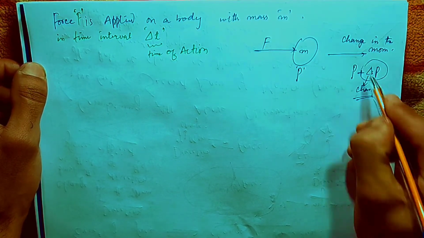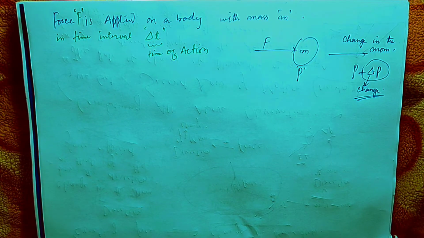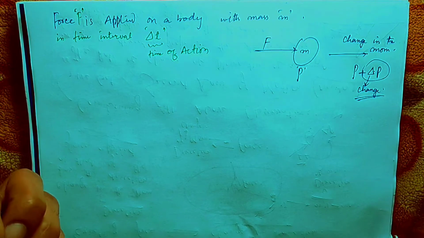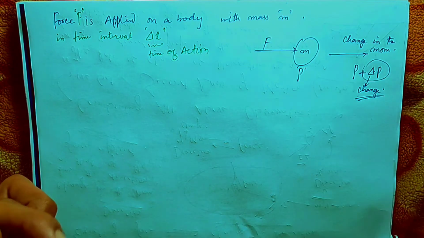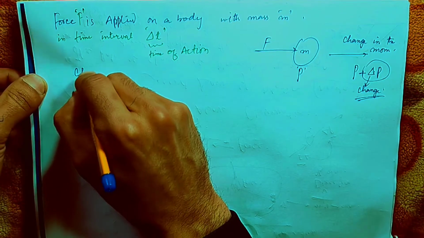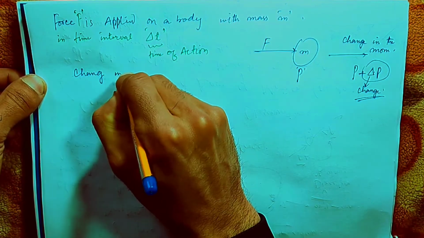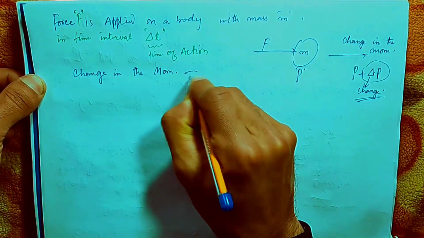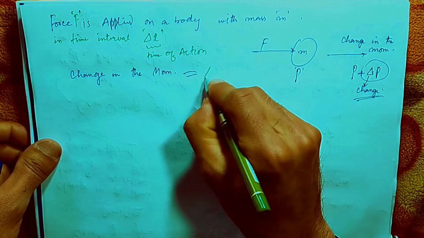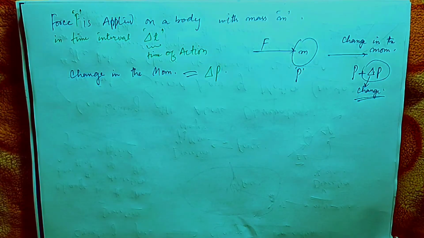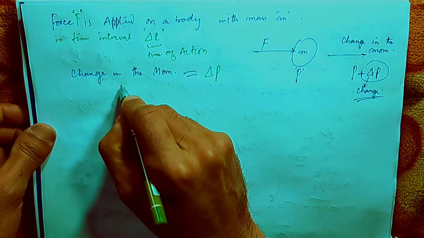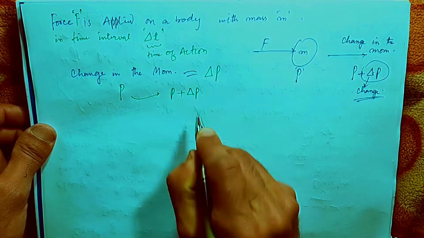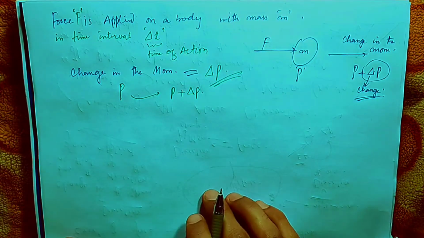So the change in the momentum is delta p. This is the change in the momentum.